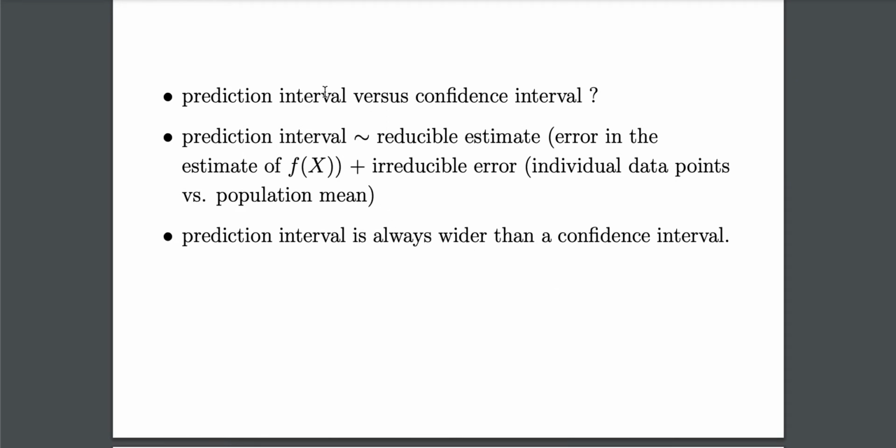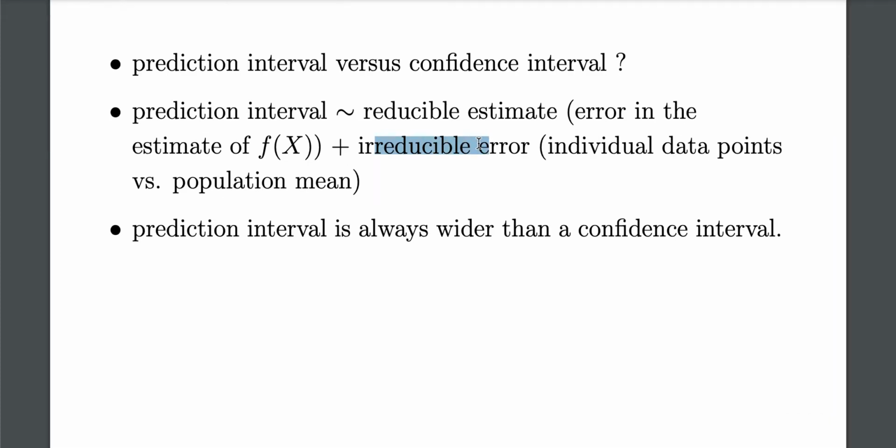So in short, the prediction interval involves both the reducible error, that we get in the estimate of f(x), and it's reducible because of 2 reasons. Either we can increase the amount of data we have, increase the sample size, or if we are using a biased model, we can use a model that is less biased or not biased, that is more flexible, so we can reduce it.